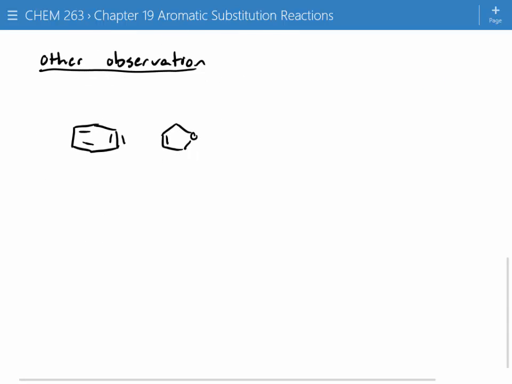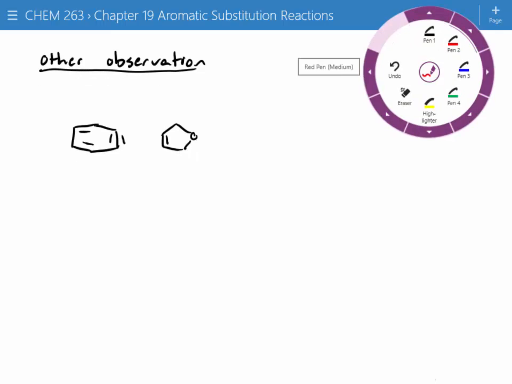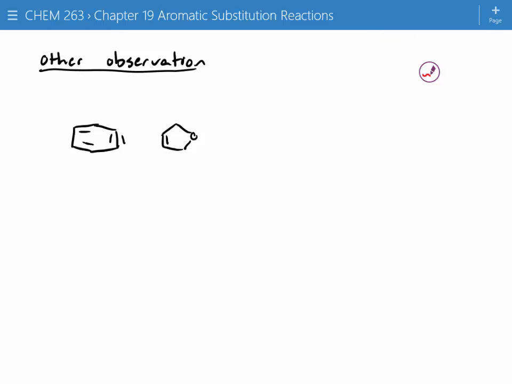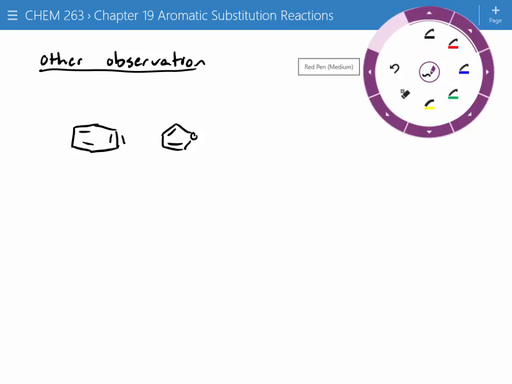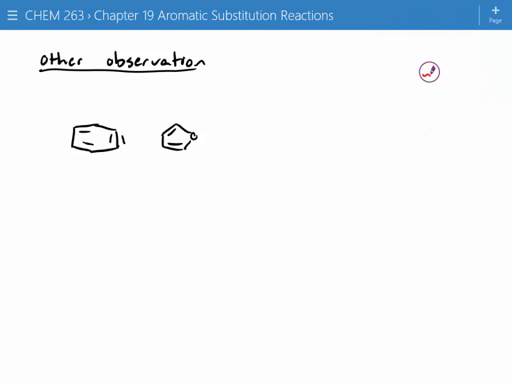What's this called? Diels-Alder. So to prove that they made benzyne and that they weren't doing nucleophilic aromatic substitution, they would, sorry, I've got my double bonds in the wrong spot. Double bonds here.